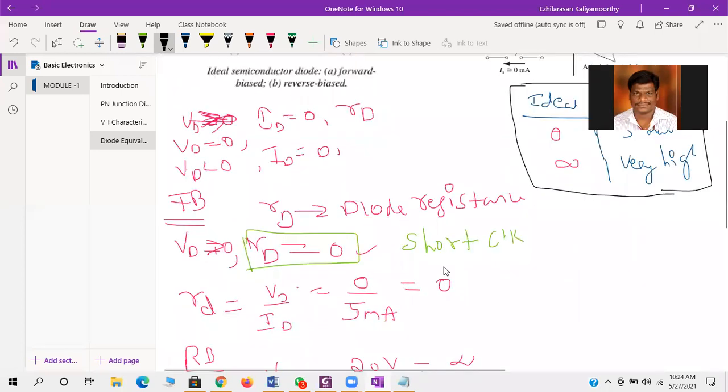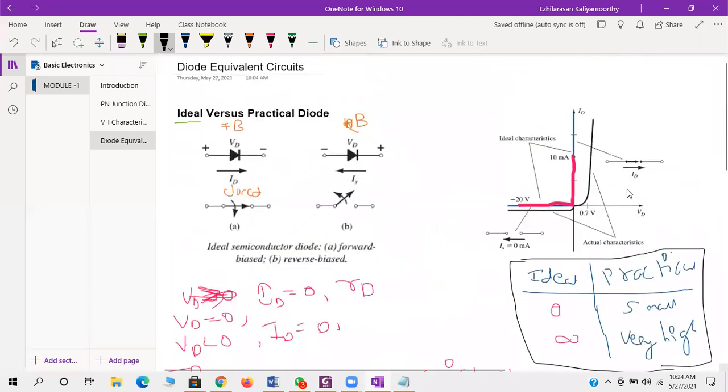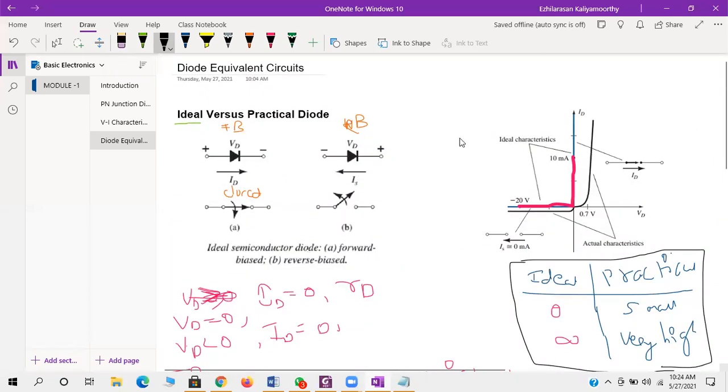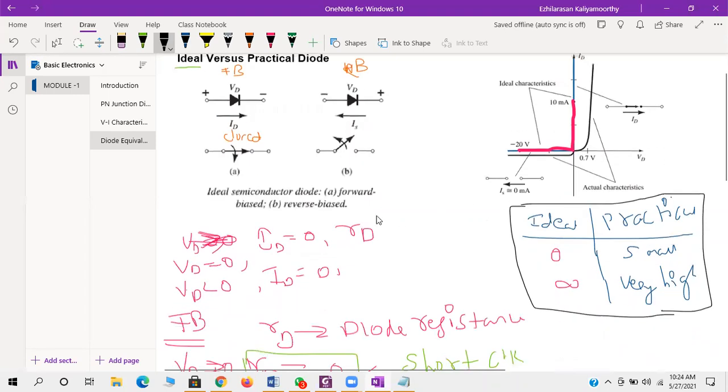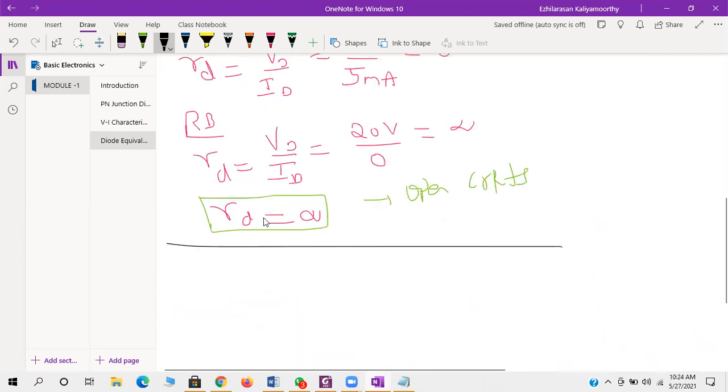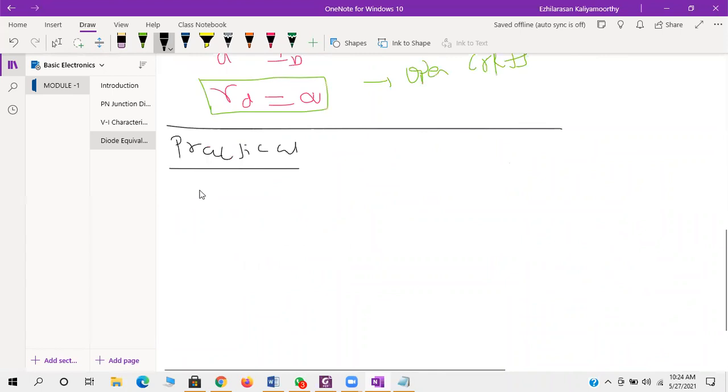So this is about ideal versus practical. This is for ideal. Now if we go for practical, what will happen? Practically, when the diode conducts, initially VD will be 0 and ID will be 0. The diode will conduct when VD is greater than VB. For a practical diode, when the diode turns on, VD is greater than VB.